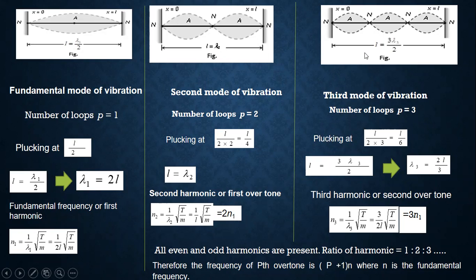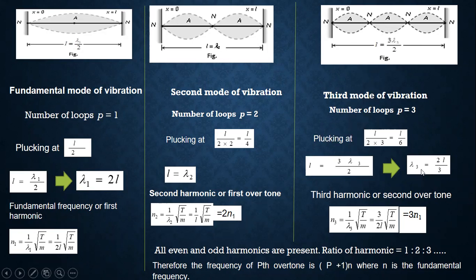Now for the third mode of vibration of string, three loops are there and each loop has a length λ/2. So 3 into λ/2 is the length of the string. We can write the length of the string is equal to 3λ/2.